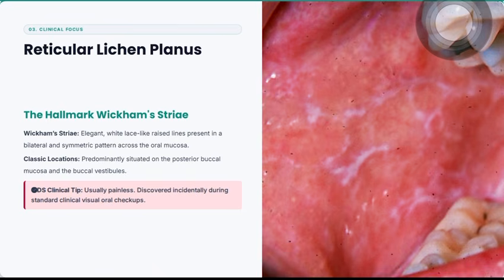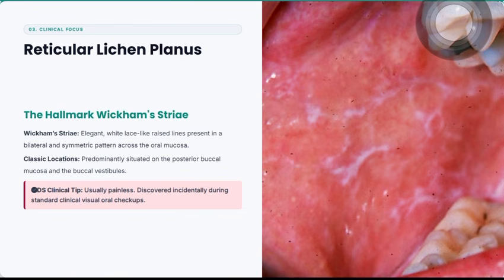See here, you can see erythematous background with net-like pattern of white lines forming there. It is most frequently seen on the buccal mucosa. Patients are usually asymptomatic, and the condition is often discovered during routine dental examination. It may become sensitive only if erosive changes develop.